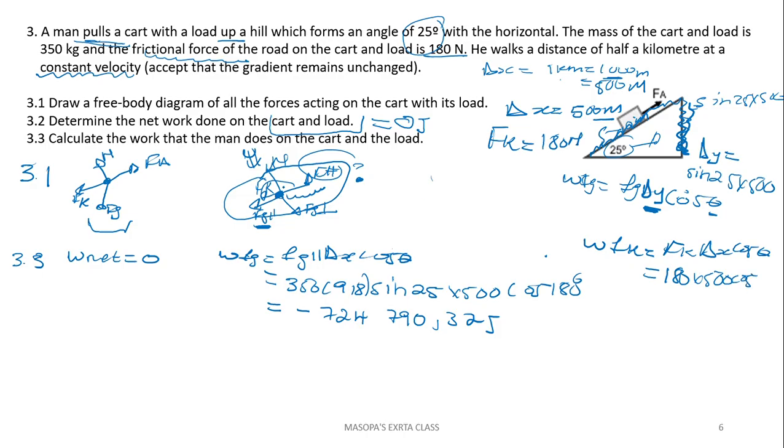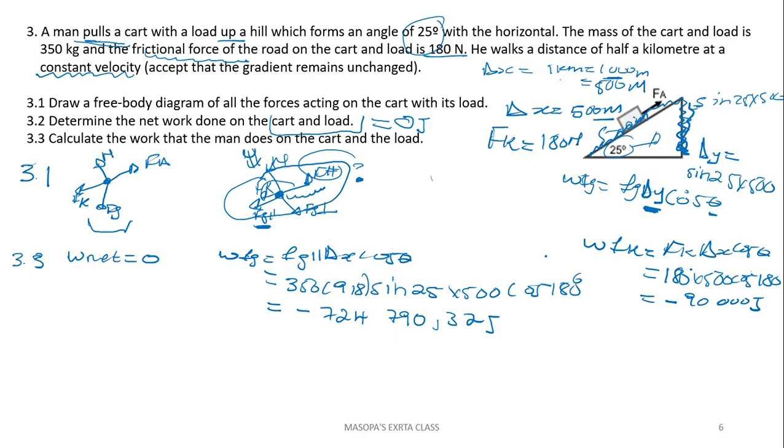When you look at the cos of 180, then how much are you getting? Negative 90,000 joules. So now we have the work done by the Fk, which we were looking for.